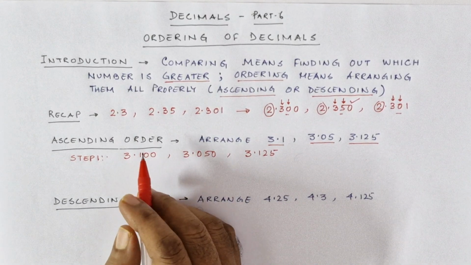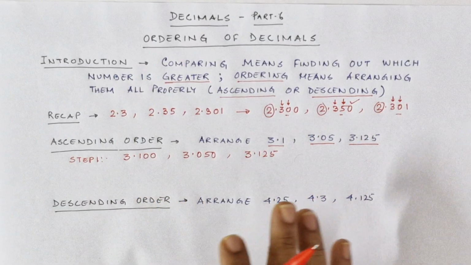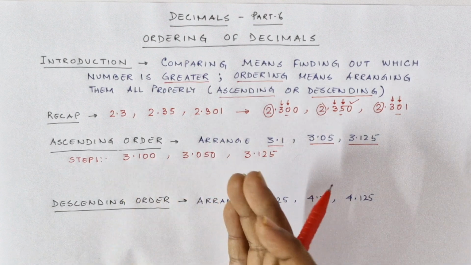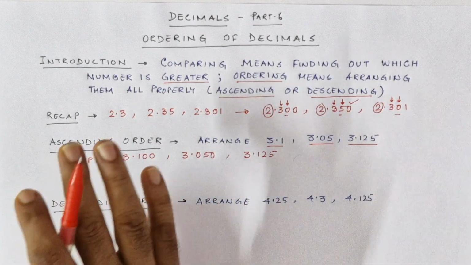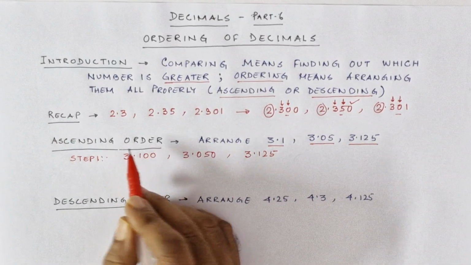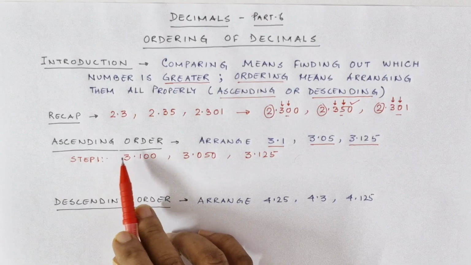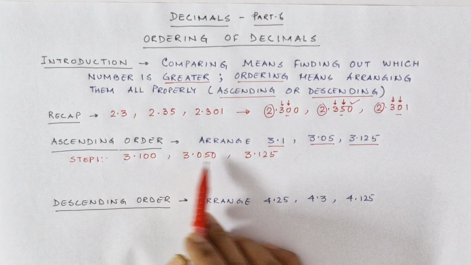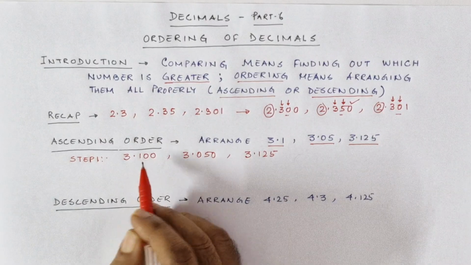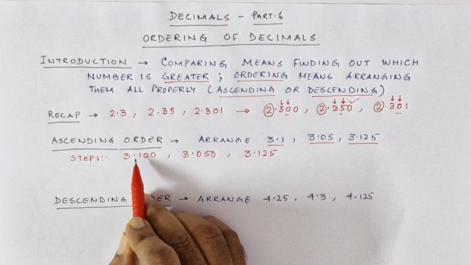Always remember, you need to compare the whole number part first. If they are the same, then start comparing the digits after the decimal from left to right, so from the 10th, 100th, thousandth and so on. In these 3 decimals, the whole number parts before the decimal are all the same. So we need to compare the 10th digits after the decimal.